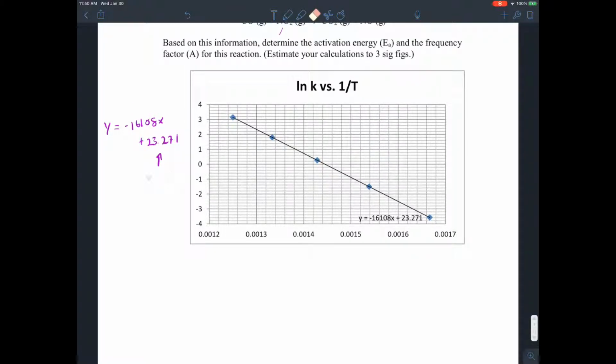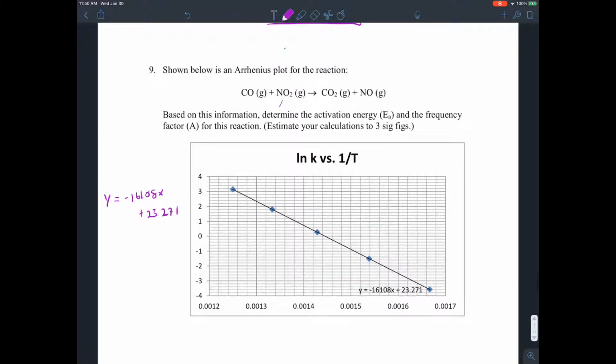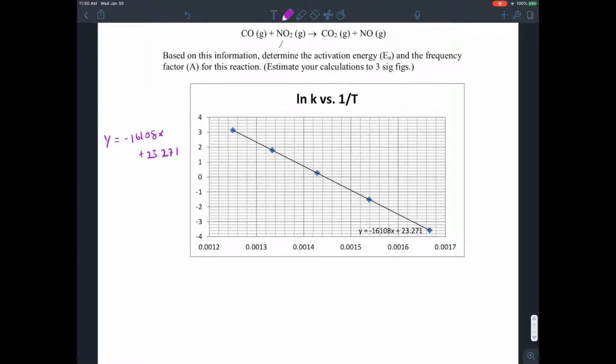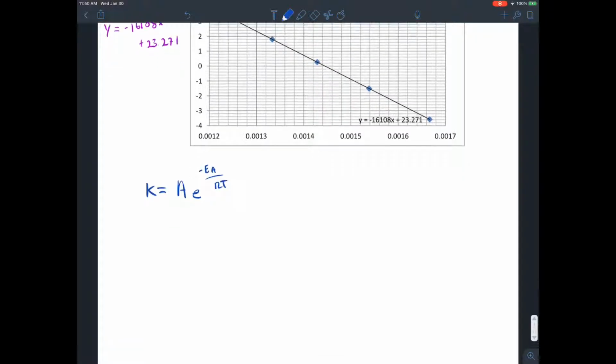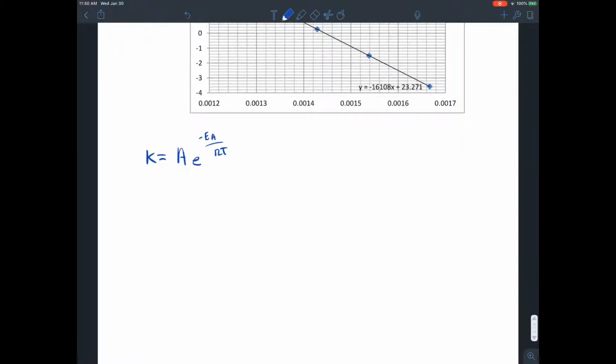Okay. So how do we do this? Well, in order to determine which parts are which, we need to linearize the Arrhenius equation. Just to recall, the Arrhenius equation was that K equals the frequency factor A times e to the negative Ea over RT. So we need to get the natural log of both sides to linearize this.